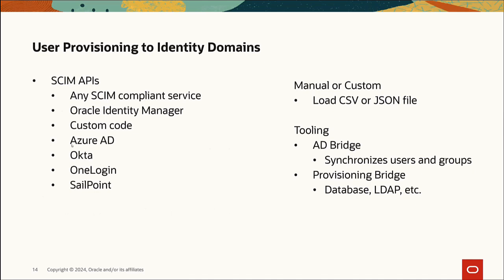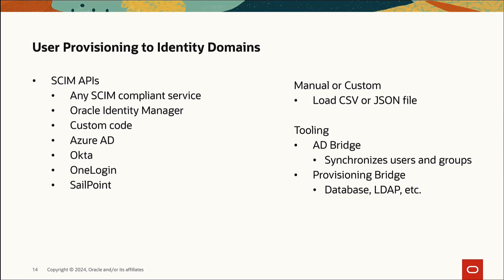These are all covered by SCIM APIs. These are a set of standardized provisioning APIs that these IDPs expose. And then that basically simplifies the integration challenge. Any SCIM compliant IDP, OCI-IAM knows how to talk SCIM.